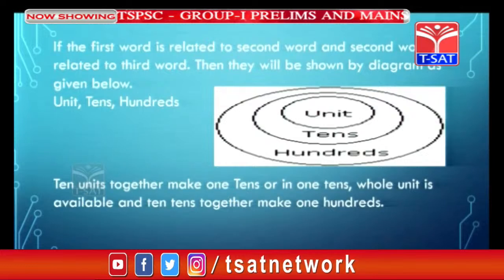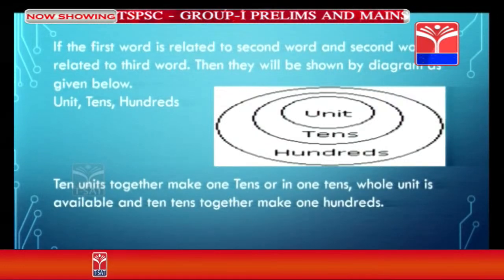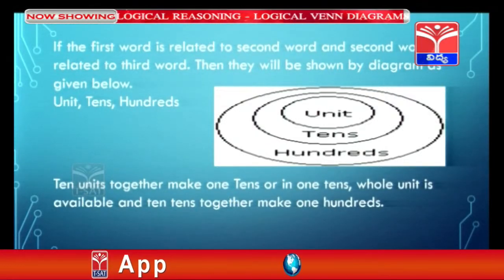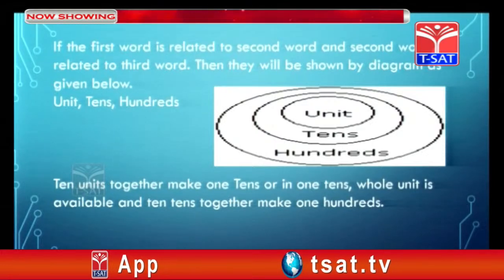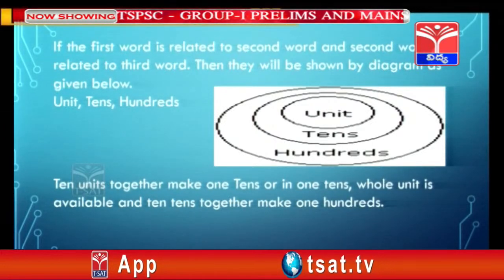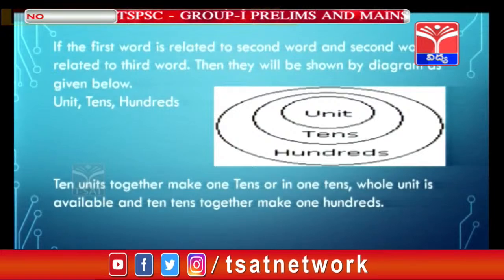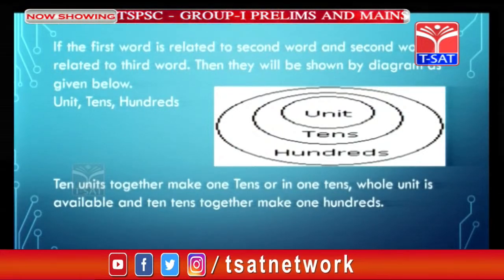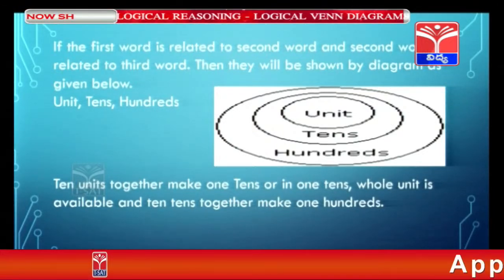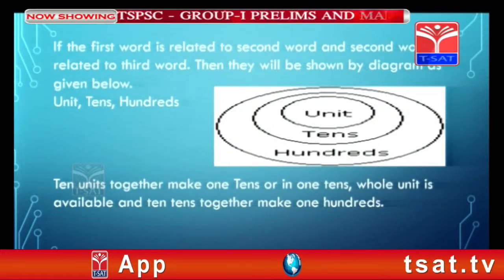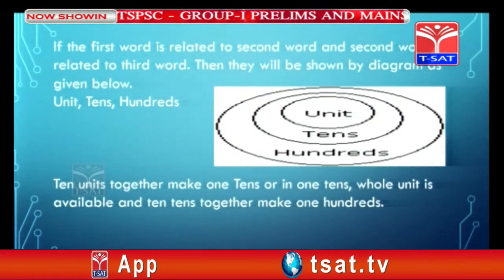The first word is related to the second word and the second word is related to the third word. If they have such an intra-relation, then those will be shown in the diagram as concentric circles, otherwise we can say one circle lies inside another circle.